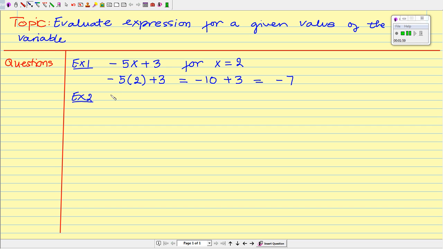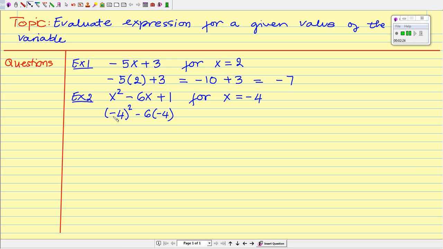Given this expression, we have x squared minus 6x plus 1. We want you to evaluate this expression for x is negative 4. Again, you will substitute x for negative 4, so you have negative 4 squared minus 6 parentheses.